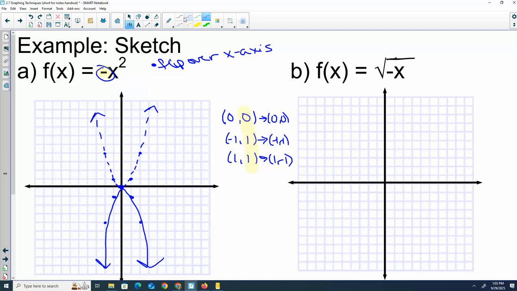The second one, what does a square root graph look like? A square root? Square root of 0 is 0. Square root of 1 is 1. Square root of 4 is 2. If you wanted, square root of 9 is 3. You can't do negatives. What will a negative under the square root do?